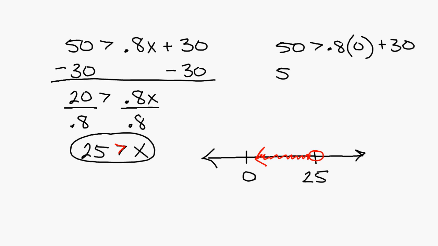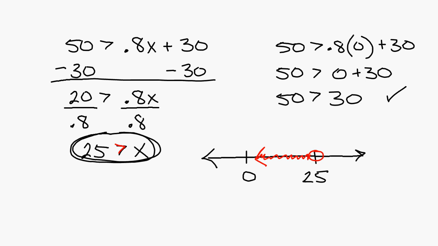So you're asking yourself, is 50 greater than 0.8 times 0 is 0, and 0 plus 30 is 30. So 50 is greater than 30. So your solutions are correct.